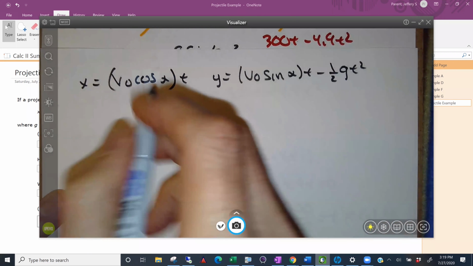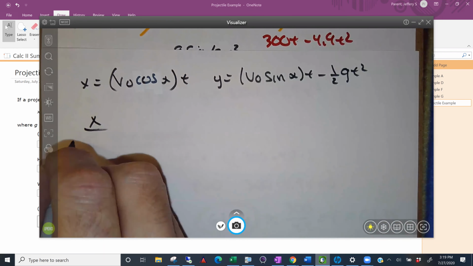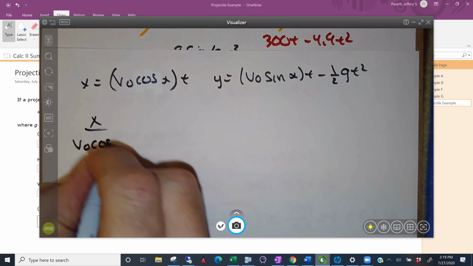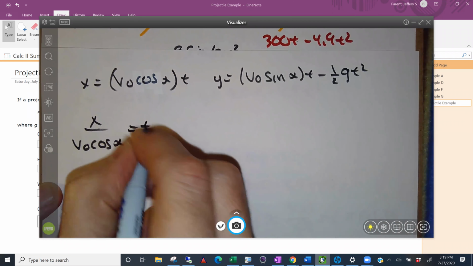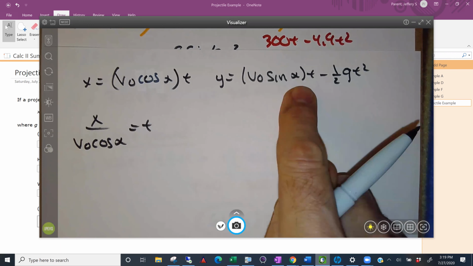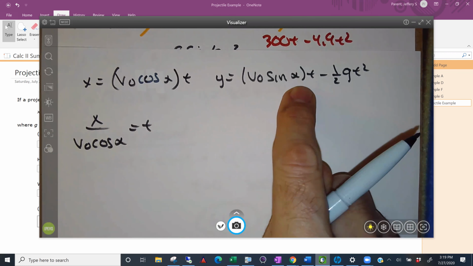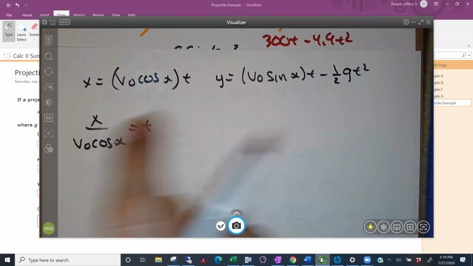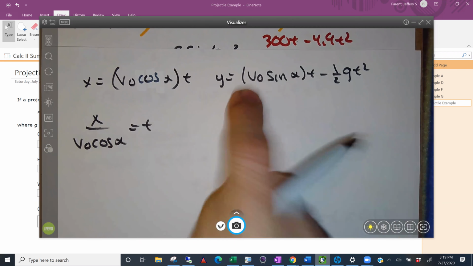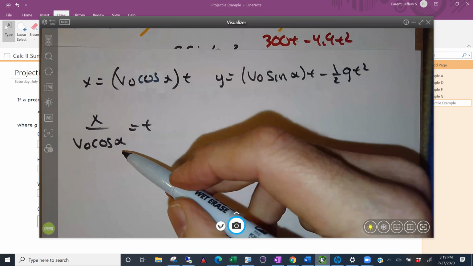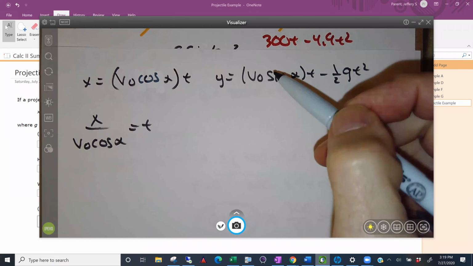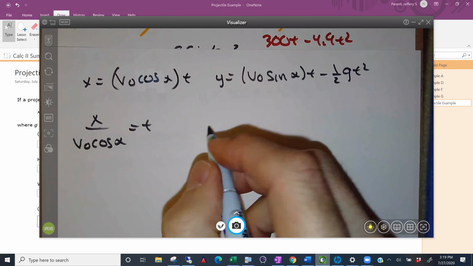So let's just talk through this a little bit. t is going to be x over v naught cosine of alpha. We're going to take that and plug that in here. Well, when you do that, the v naughts are going to cancel each other out, and you'll have a sine of alpha over cosine of alpha. And the sine over the cosine is going to give you a tangent.